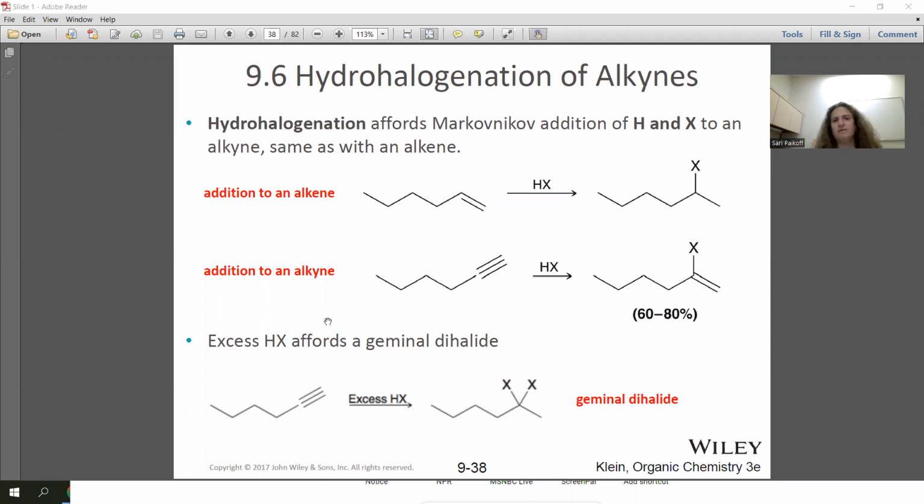So now I want to talk about hydrohalogenation to an alkyne. If you remember, this is the reaction we did with alkenes. We talked about how to do this, addition to the alkene.